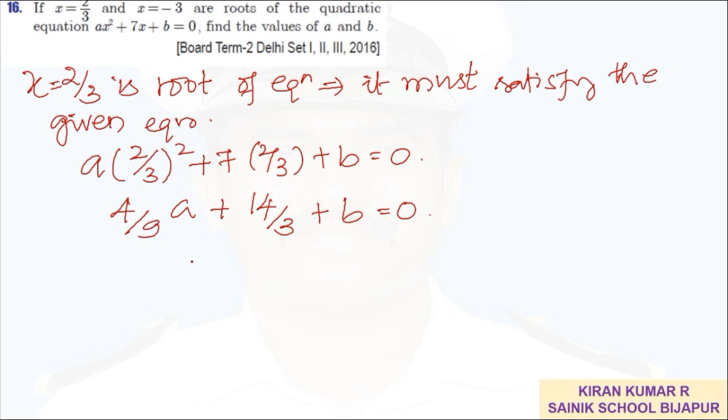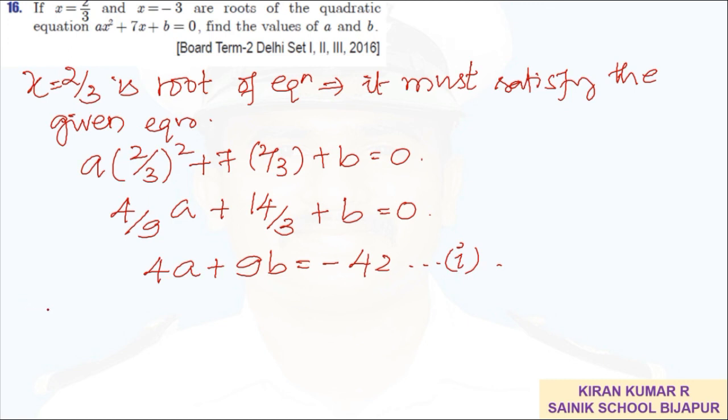I can rewrite this as, this can be transposed to the other side, or else you can multiply with the LCM. LCM here is 9, so 4a plus 9b equal to negative 42. This will be our equation.